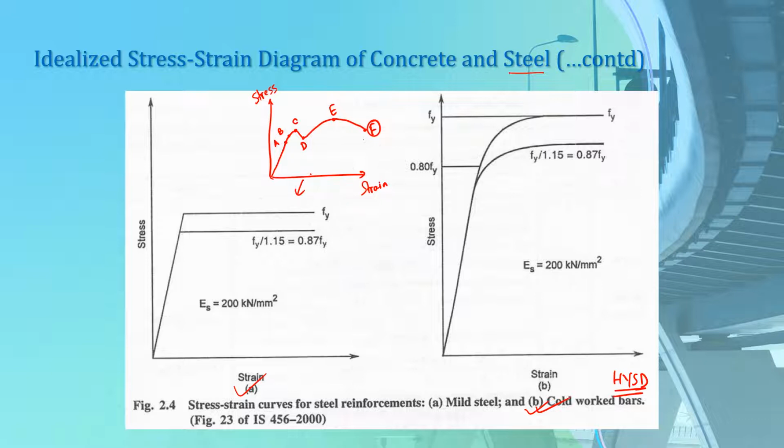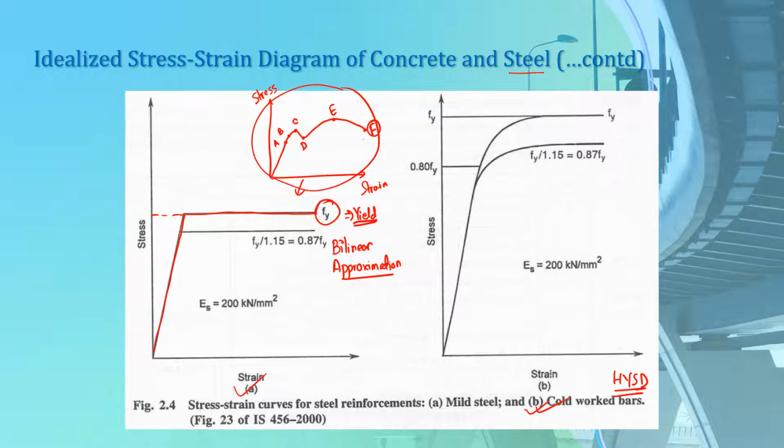In case of mild steel, we have a bilinear approximation. Bilinear approximation means this whole curve has been idealized as two linear lines or two straight lines. One is this line and another is this line here. Generally in mild steel the value of Fy, or the yield stress, is definite or fixed.